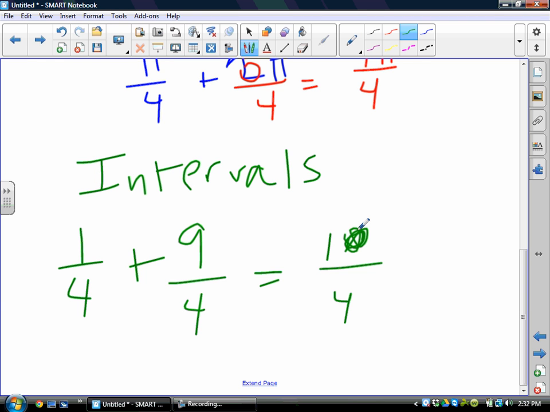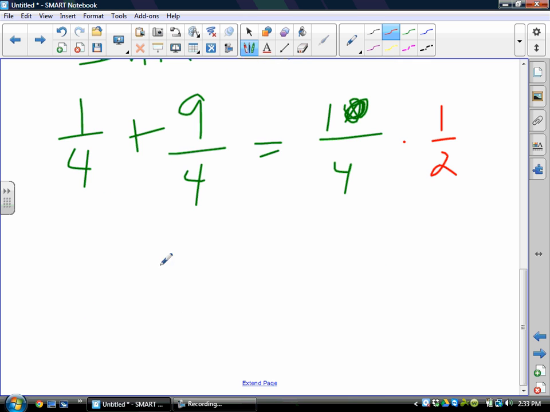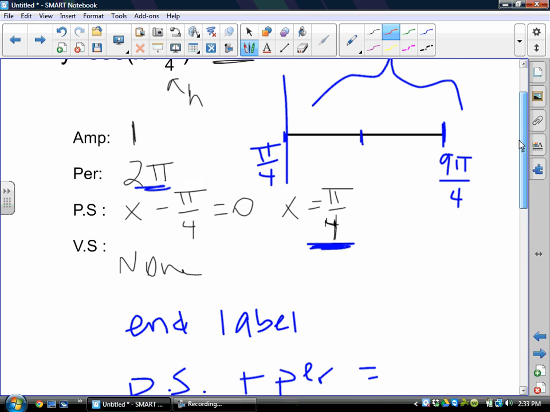Then I'm going to divide this by 2. Dividing by 2 is really multiplying by a half. Multiply straight across, so that's 10/8, which I can simplify to 5/4. That's the middle value, just with a pi next to it. So this middle is 5 pi over 4.